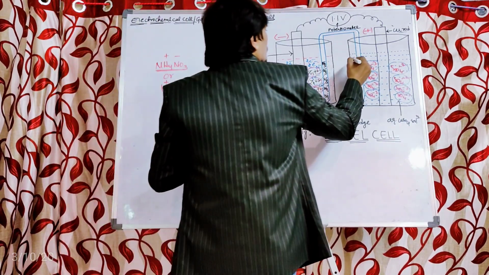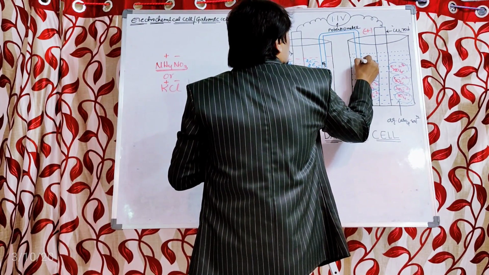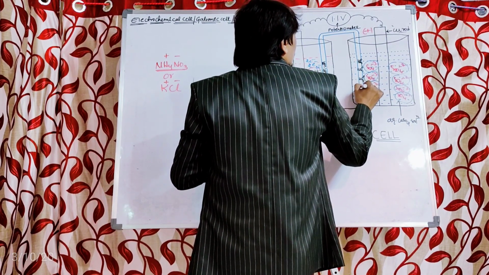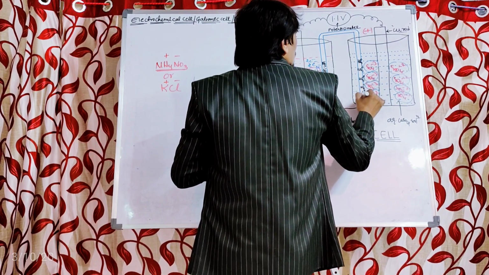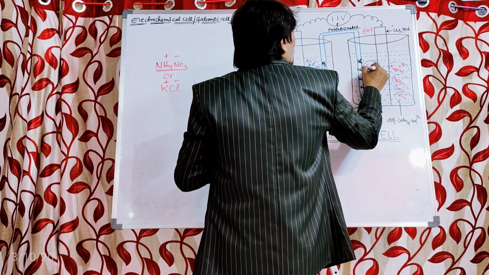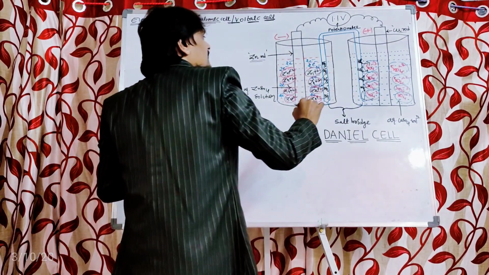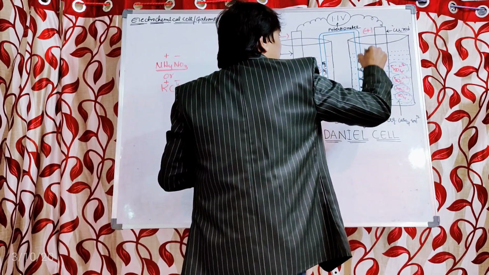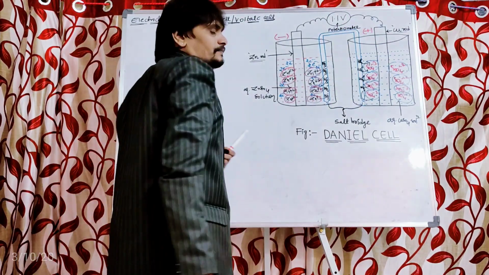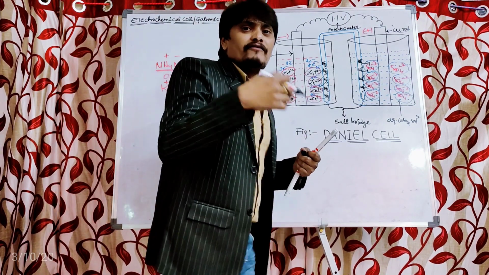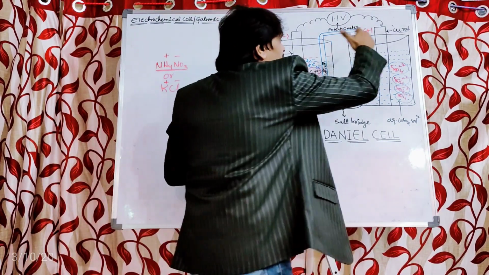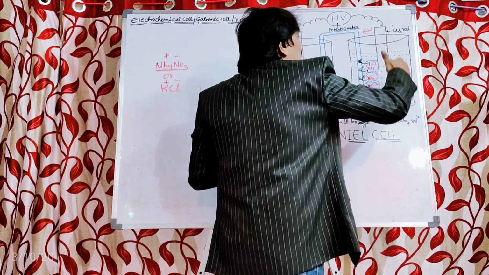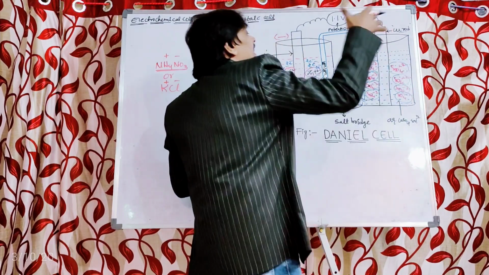Ammonium ions are present. So NH4 plus ions will penetrate inside the solution where the concentration of sulfate ions has increased drastically, by which the sulfate ions that behaved as a barrier for the free flow of electrons have been nullified.